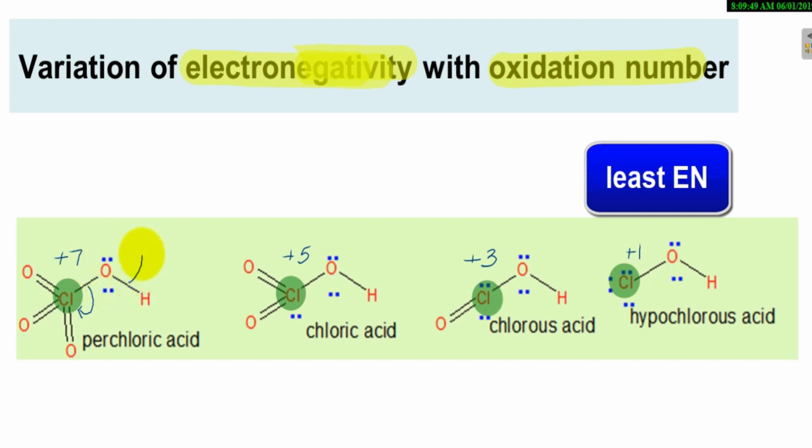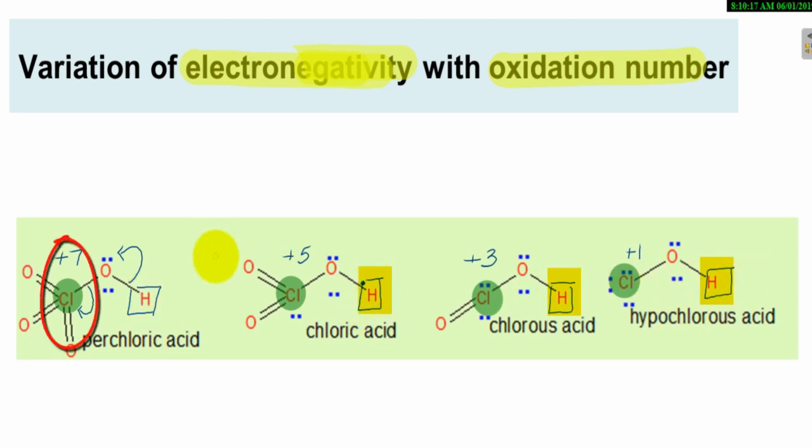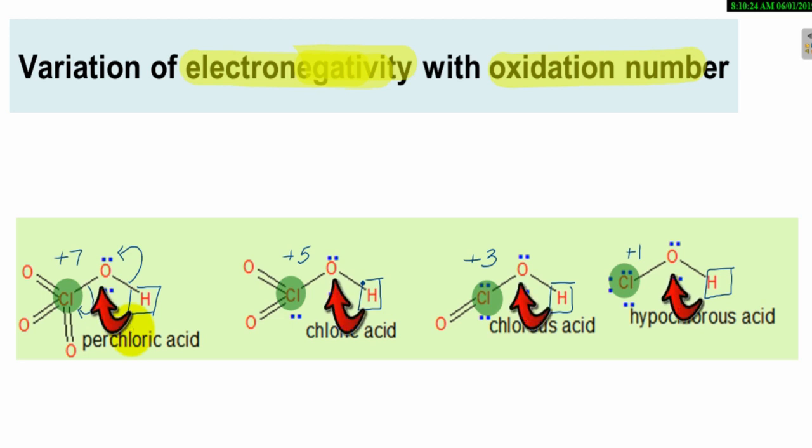Now let's see how this change in oxidation number and electronegativity changes the acidity of the hydrogen bonded with oxygen. Chlorine with +7 oxidation number, which has the highest tendency to pull electron density on itself, withdraws electron density from the oxygen, which in turn withdraws electron density from the hydrogen.